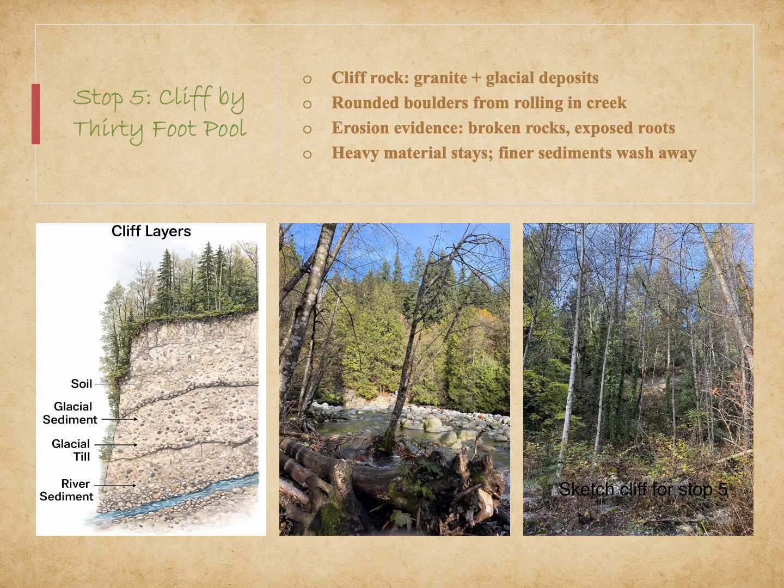The very upper layer was soil, and after that there was a glacial sediment layer, then a glacial till layer, and at the very bottom we have the river sediments. The rocks in this area are rounded because the creek rolls and grinds them over time. We also saw exposed tree roots and broken rocks, which was evidence the cliff continues to erode.